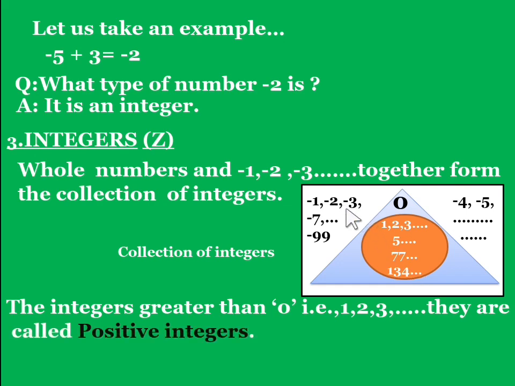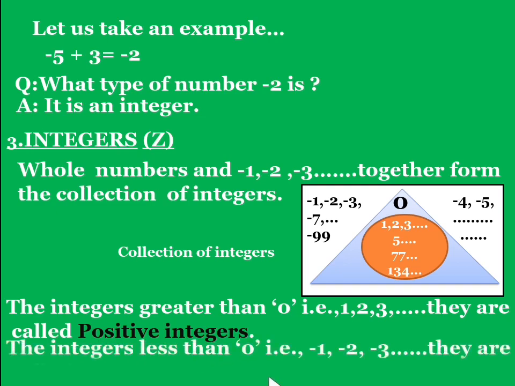So you see that there are a few numbers which are less than 0, like -1, -2, -99, and some numbers like 1, 2, 3, 4, 5 till infinity which are greater than 0. The integers greater than 0, that is 1, 2, 3, 4, 5 up to infinity, are called positive integers.